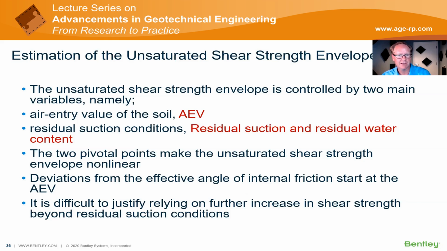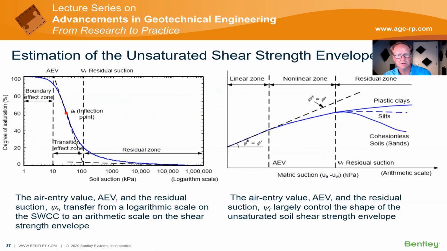Deviations from the effective angle of internal friction start at the air entry value, and it's difficult to justify relying on a further increase in shear strength beyond residual suction conditions. In other words, once you hit residual conditions, there's not enough water to provide tension in the water phase to influence the shear strength.